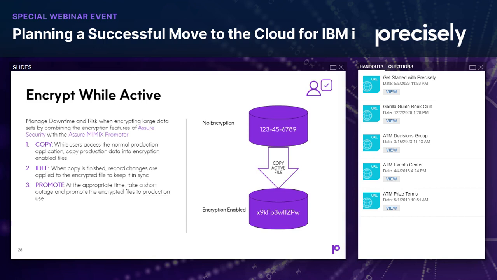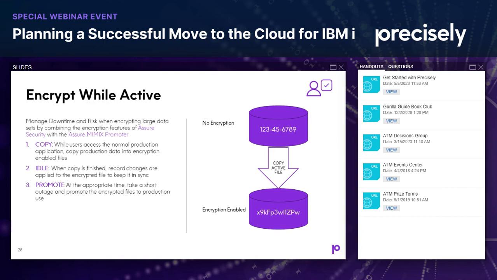And then at the appropriate time, going back to Lee's planning and scheduling, you would go ahead and promote that file. So you can do this in cooperation with a regular LPAR migration right there. You can incorporate this into your project plan.